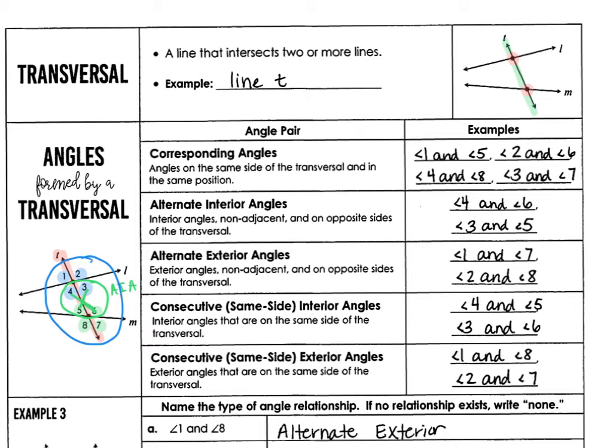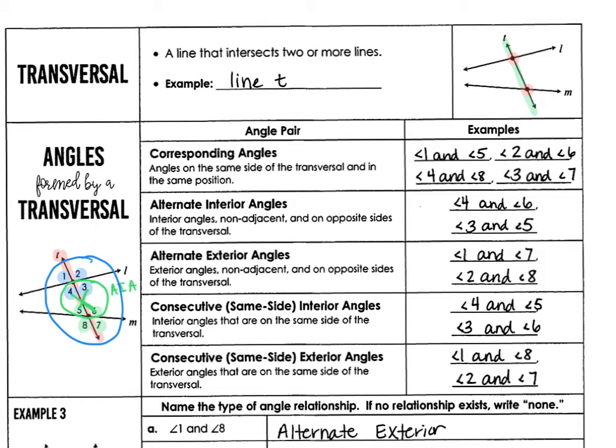Then we have consecutive same side interior. So we're interior and consecutive same side, that's 4 and 5, and then 3 and 6. So they're consecutive same side interior angles that are on the same side of the transversal. And then consecutive same side exterior, 1 and 8, 2 and 7.